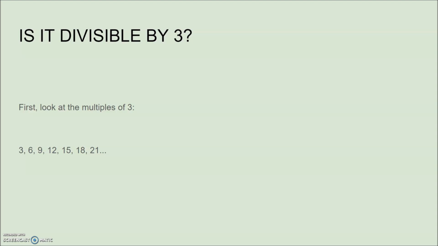So if the sum of our digits equals any of those numbers, or any other number that's a multiple of 3, that means you can divide that number by 3. Because that's the goal. We want to divide these numbers so we can simplify them as fractions, or just simply divide the numbers so they go in there evenly. That's all it means to be divisible by something.